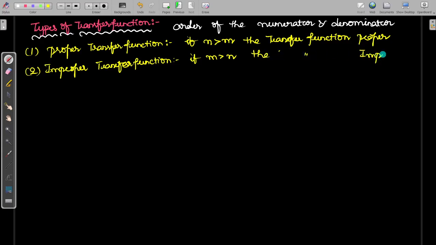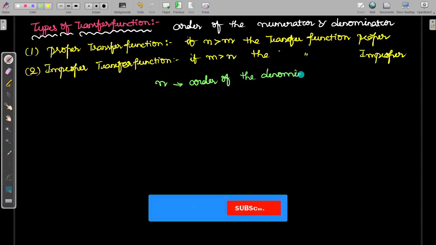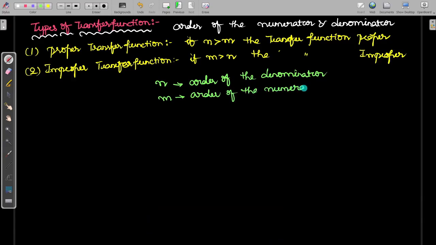Here, n is the order of the denominator of the transfer function, and m is the order of the numerator. So these are the orders, which you already know.